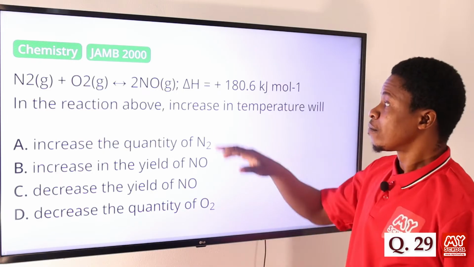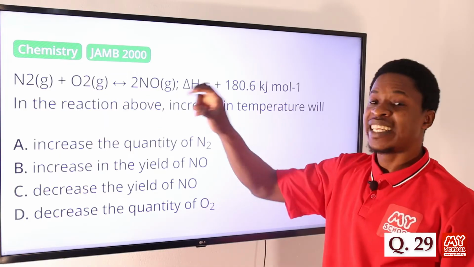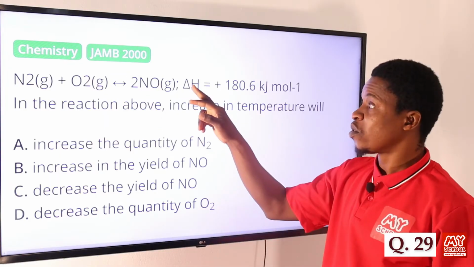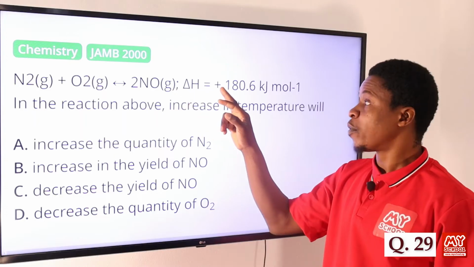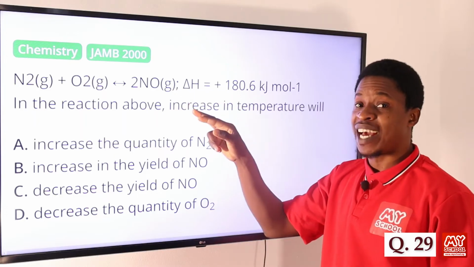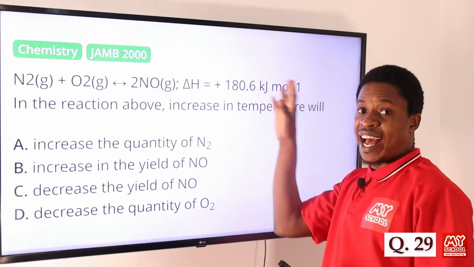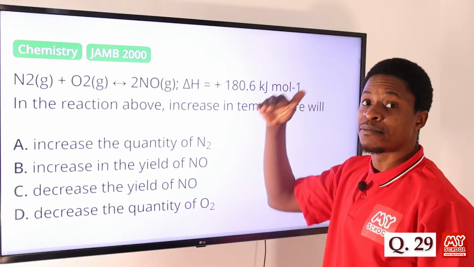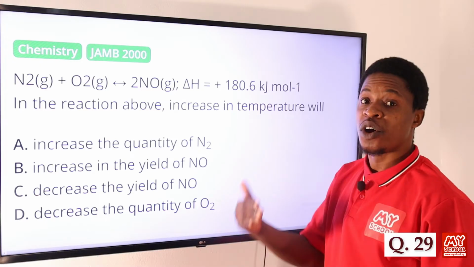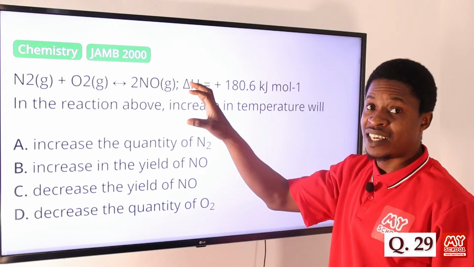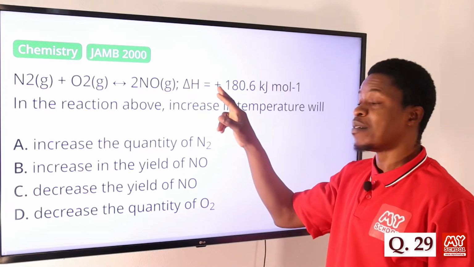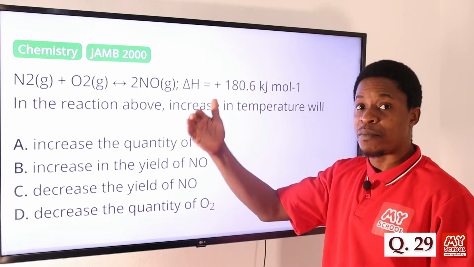So in this case, we're told that increase in temperature, an endothermic reaction, what we look at is what? Delta H. Is it positive or negative? So for an endothermic reaction, a system in equilibrium will cause the equilibrium position to shift to the right, thereby favoring the formation of what? Of the products, because we have delta H here being positive, so it means it's an endothermic reaction.